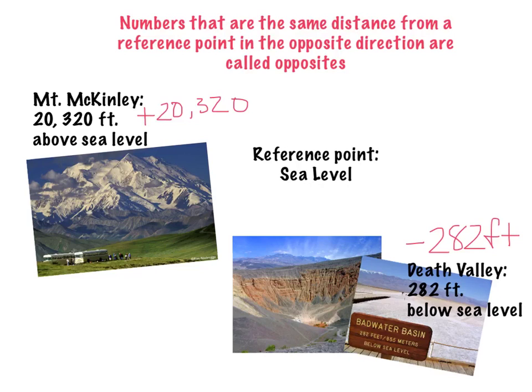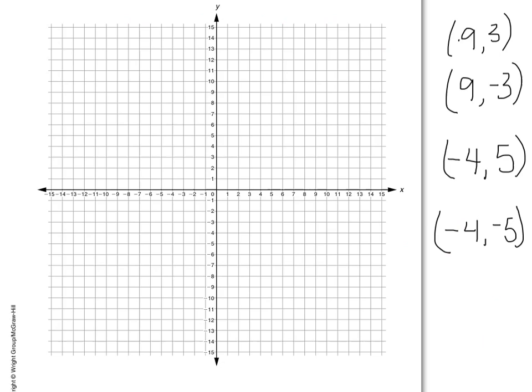When we think about numbers that are an equal distance from a particular reference point, say positive 7 and negative 7, those numbers are called opposites. So on our coordinate grid, can you think about what the reference point might be? Well, our reference point is 0. Do you remember what that's called?